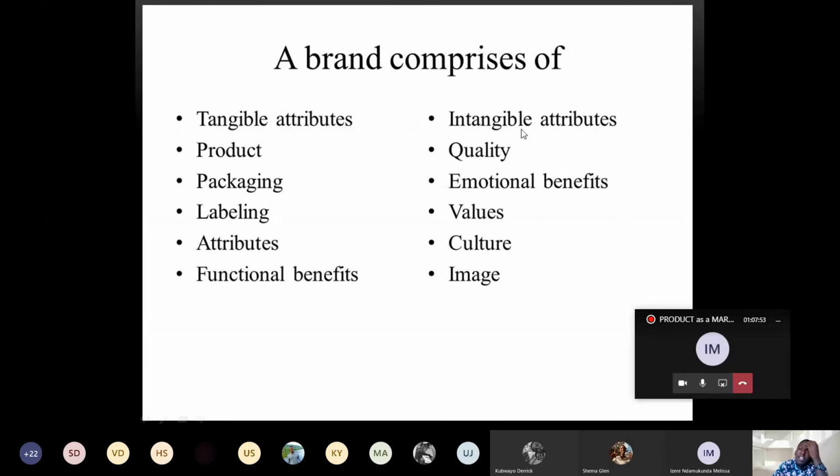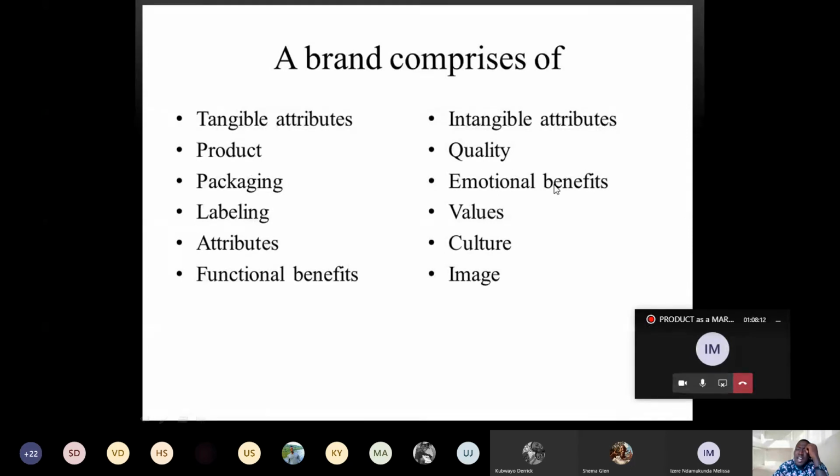Intangible, the quality. Most of the time it is felt. Emotional benefits: if I go to that hotel, this is the way I feel, complete. And when I go to this other hotel, I feel I'm not secure. So there's that emotional benefit.